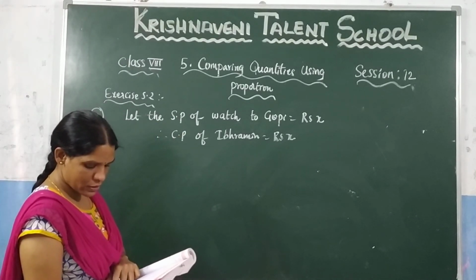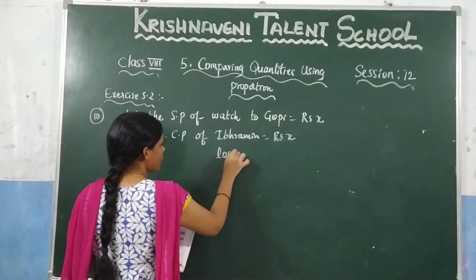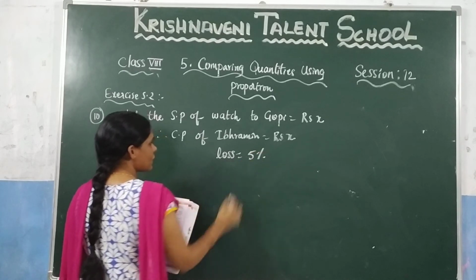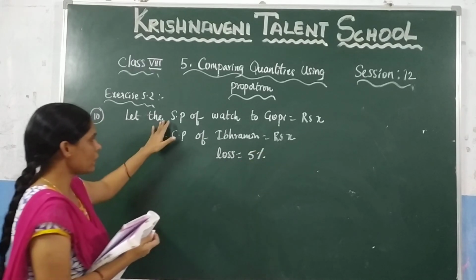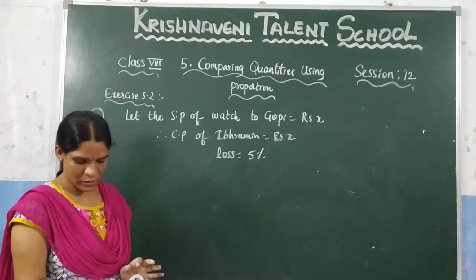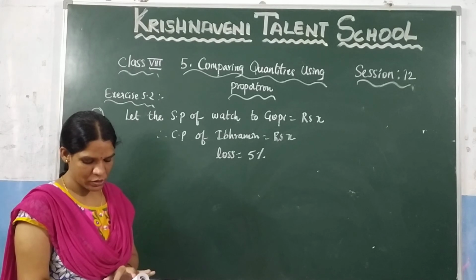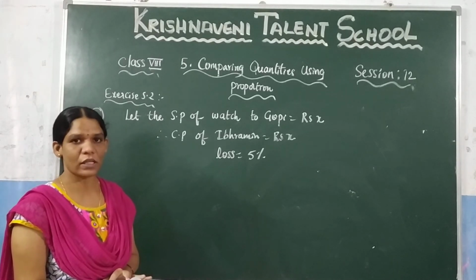The loss: how much loss have they got here? 5%. So what should be the loss here? It is nothing but 5%. And according to him, what is the gain? They have given 12%. Now after that, what have they given here? John paid 1330 rupees to Ibrahim.